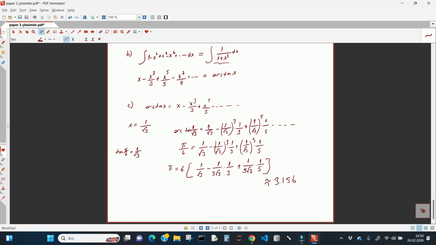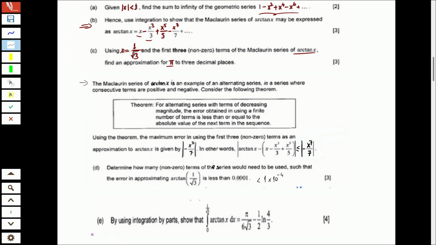3.156, yeah. Next question: the Maclaurin series of arctangent x is an example of an alternating series, a series where consecutive terms are positive and negative. Consider the following theorem. The theorem is for alternating series with terms of decreasing magnitude. The error obtained in using a finite number of terms is less than or equal to the absolute value of the next term in the sequence.